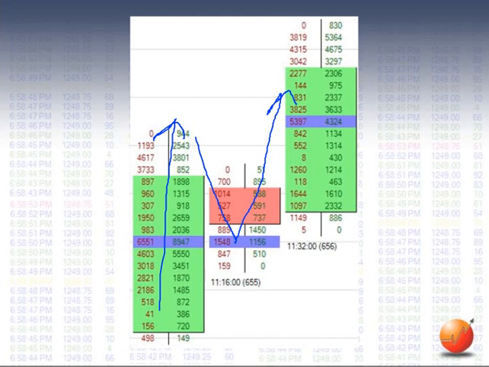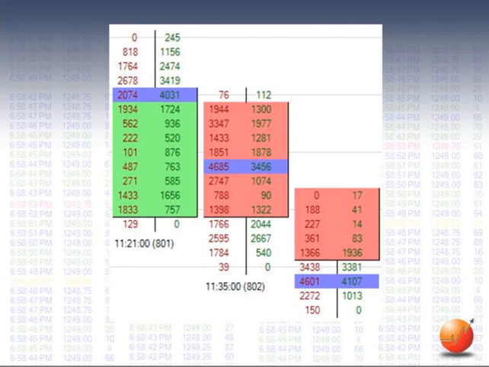Very, very good patterns. Responsive selling up top. Sellers initiate trade.